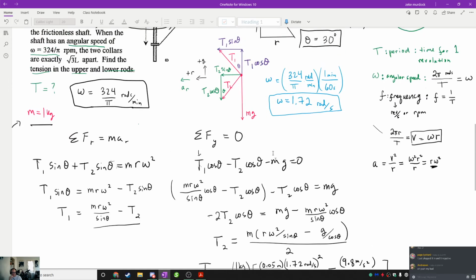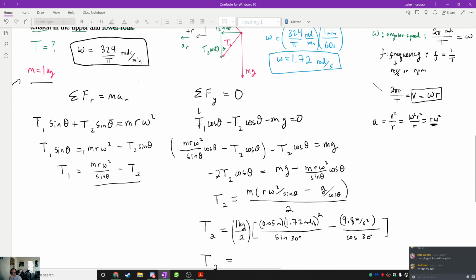Let's just make sure this equation's right. So T1 was the upward force. We said T1 minus T2 cos theta minus mg. We plugged in for T1. T1 was all of this stuff, mr omega squared here minus T2. That looks fine. You have to multiply both terms by cos theta.